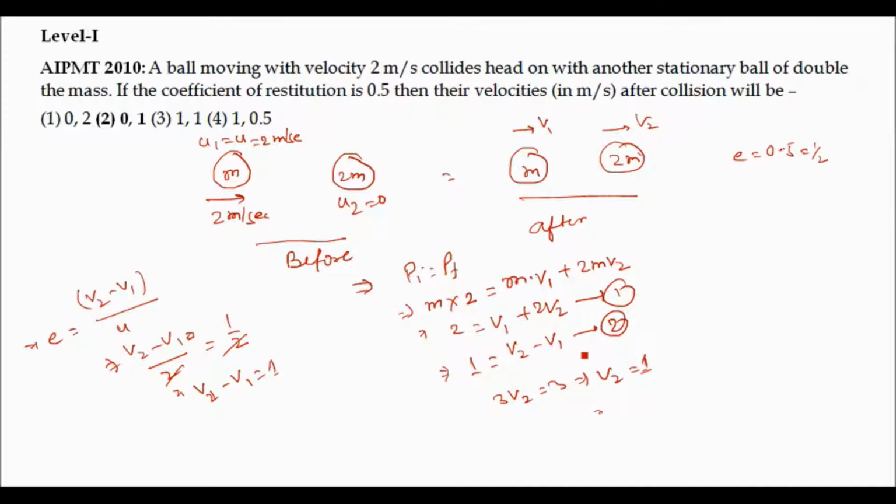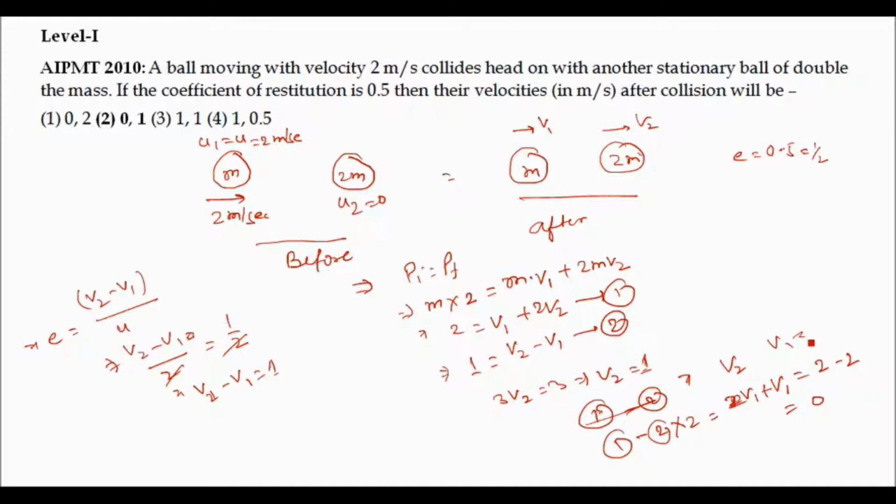Similarly, if we subtract 2 from 1, we get 2v1 plus v1 is equal to 2 minus 2, and from there we get 0.